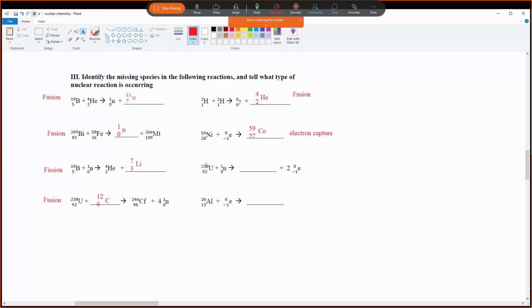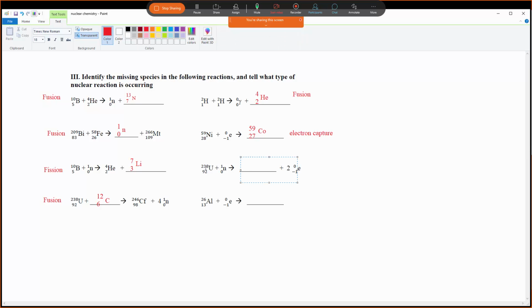Here we go, we've got uranium 238, and we're gonna shoot it with a neutron, and we're gonna get something else plus a couple of electrons. Okay, so 238 plus 1 is 239, and 239 equals 239 plus 0. Okay, because this is 2 times 0. And then 92 plus 0 equals, this has got to be 94 because I'm going to end up subtracting 2.